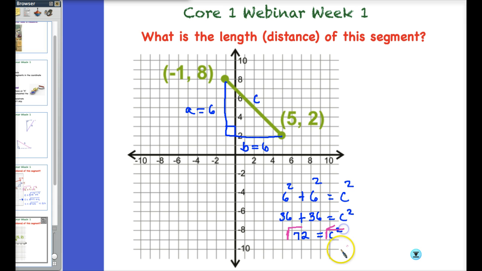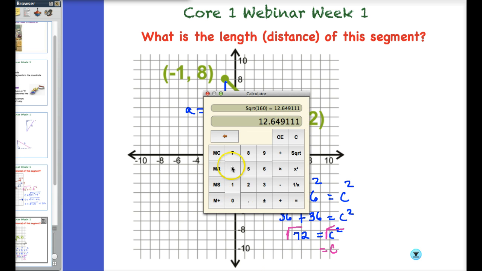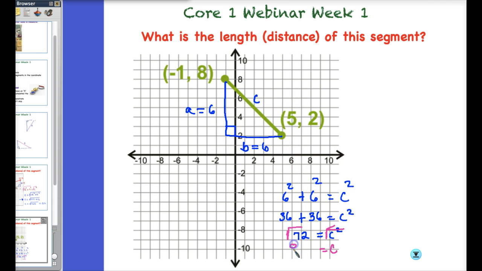So when you undo that square, now you're left with C, and then you just have to take the square root of 72, which is 8. I'm going to round to 8.5. So C is 8.5. Okay, so I'm using the Pythagorean theorem.